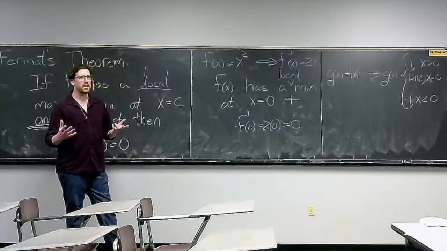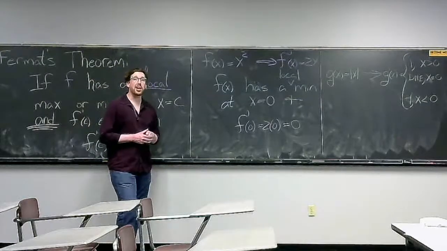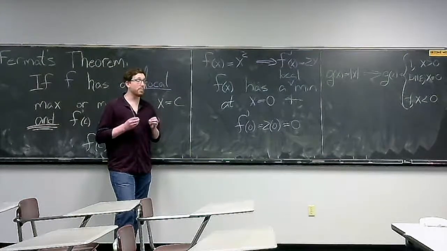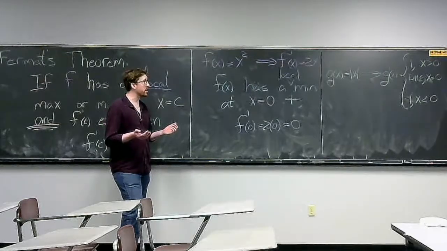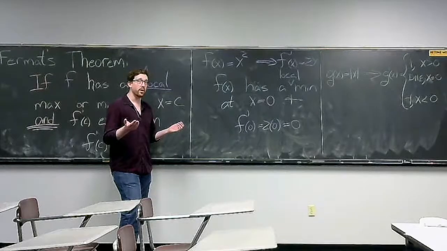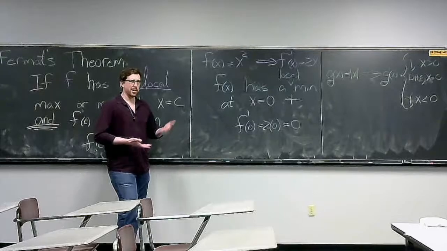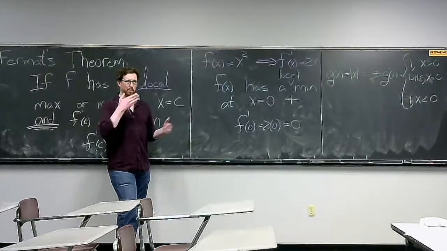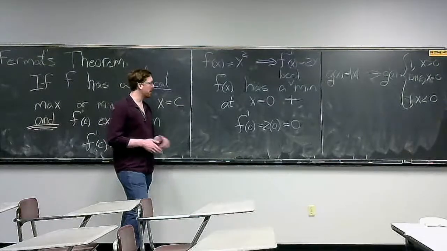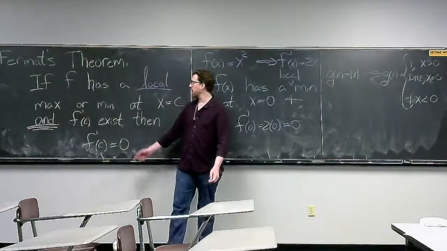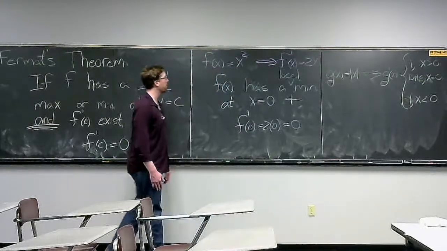We know the derivative of x squared is 2x, and we know that x squared has a local minimum at x equal to 0. Well, just checking then that the derivative at x equal to 0 is equal to 0 is pretty trivial, right? Just 2 times 0, that's 0. So it must be that this is an application of Fermat's theorem. Cool. All right, that was straightforward and easy enough.